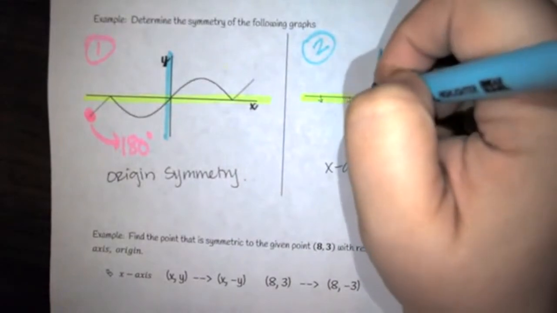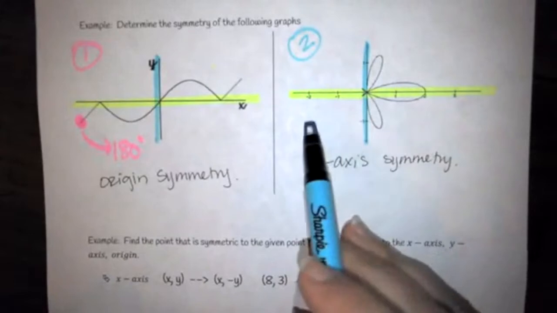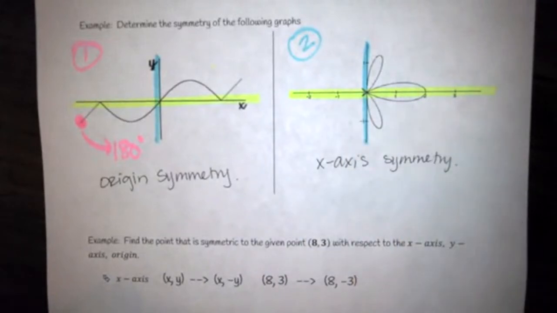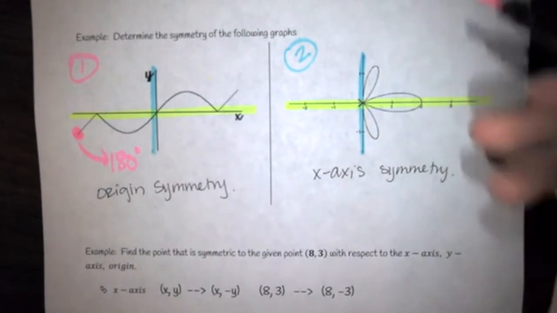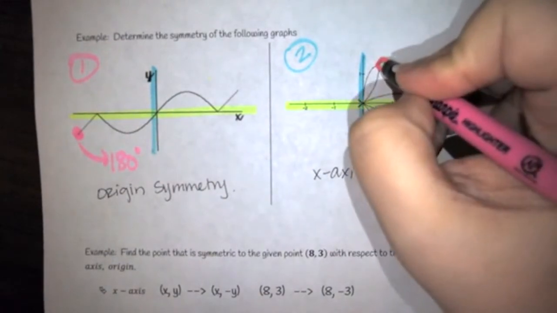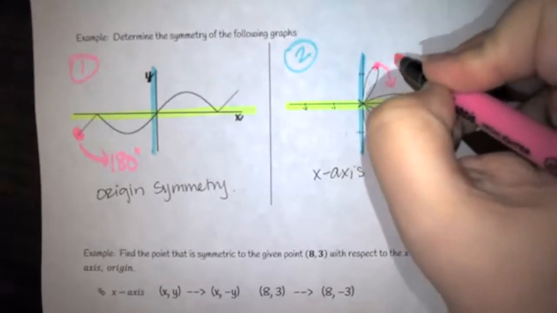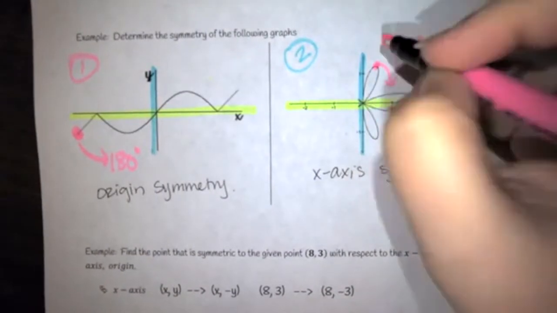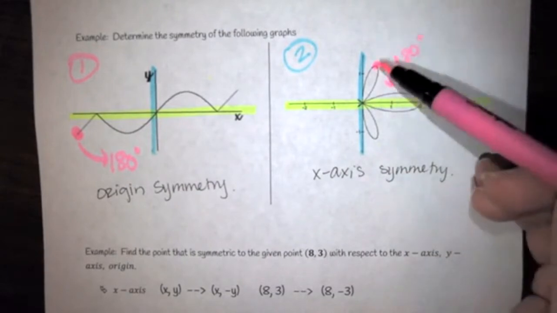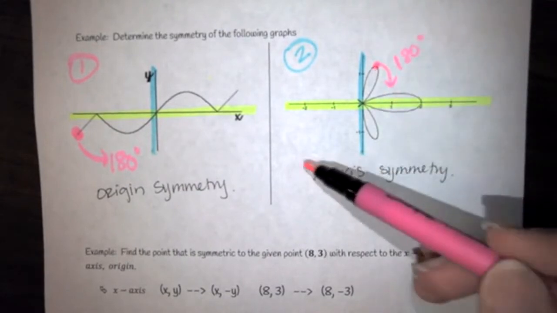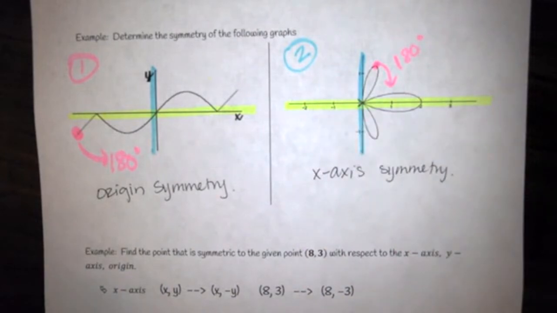So if we look here now at my y-axis symmetry, again, the stuff that's on the left should match the right. And does that happen? Well, in this case, that answer is no. And if I put a point, say, right here, and I spin 180 degrees, do I get back what I started with? Well, in this case, again, no, because spinning at 180 degrees would put the object over here, and I don't have an object over there.